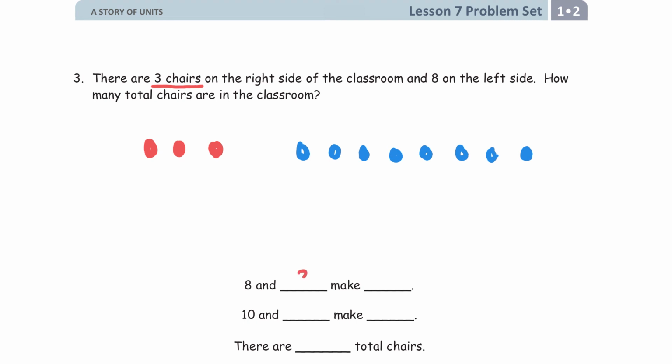So 8 and 3. Then you're going to continue on. 10 and make. So after you make your group of 10, how many are left out that you're adding on to the 10? And how many are there in all? So if you're going to add them all up, which is exactly what you're doing, what's the answer? Go ahead and solve number 3, and then let's take a look at number 4.